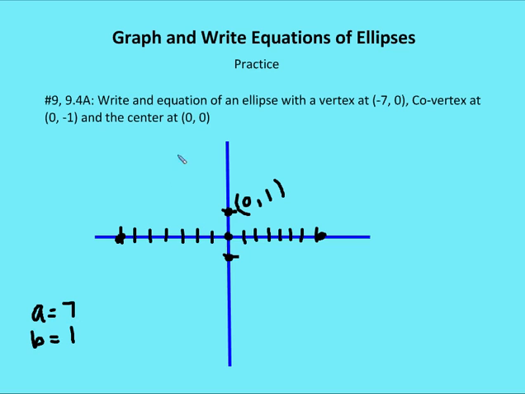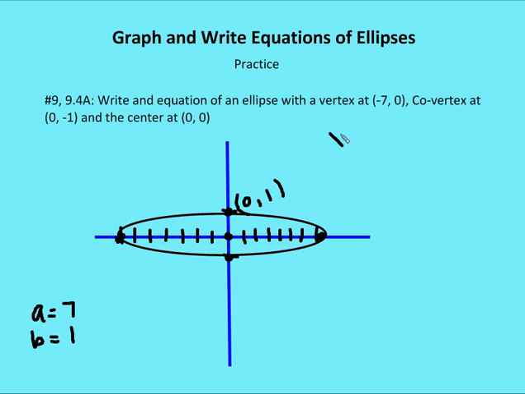So now I can graph this particular ellipse. Since the ellipse is oriented such that the major axis is horizontal, I know that the a value will go under the x squared value for the ellipse.